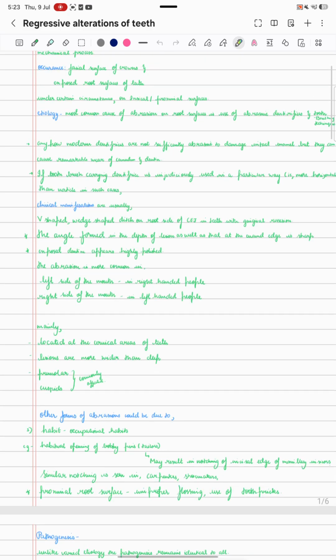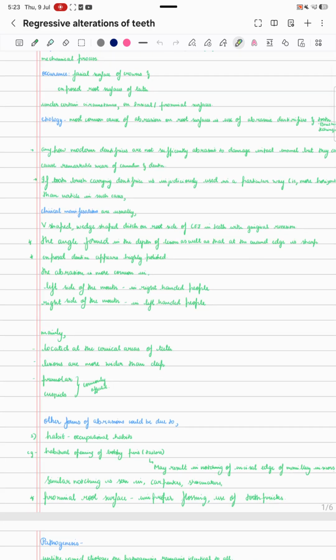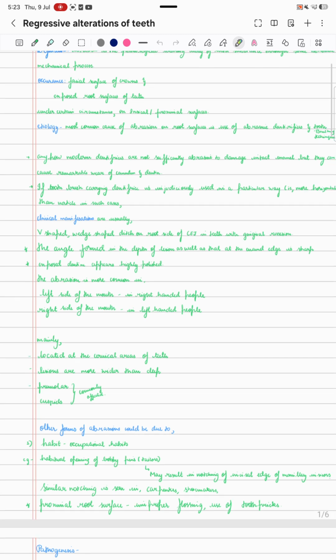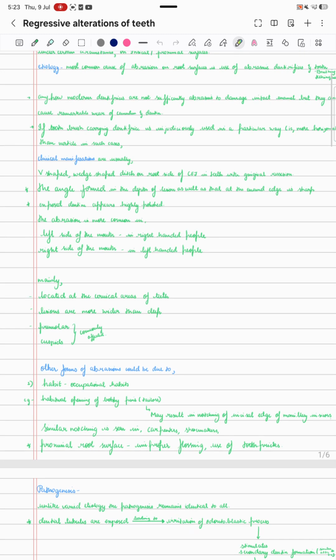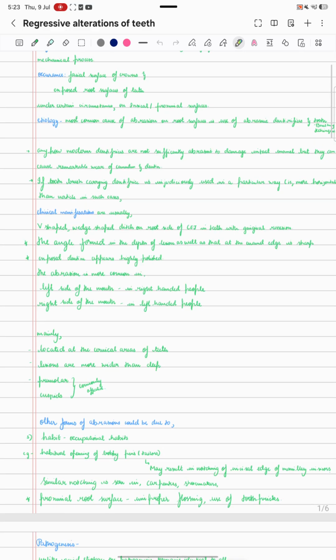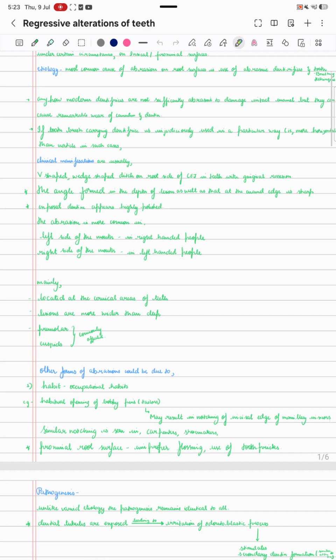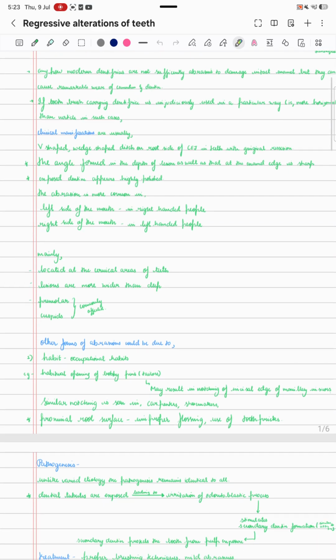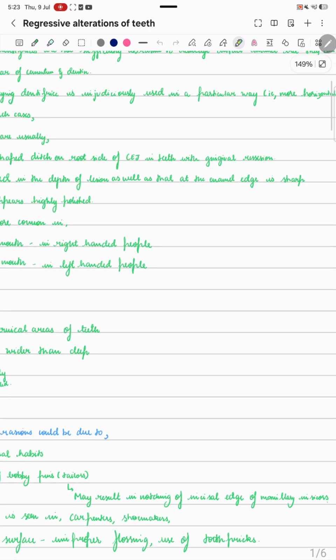Now, if the toothbrush carrying dentifrice is used more horizontally than vertically, a clinical manifestation, a V-shaped notch or wedge-shaped ditch, is seen at the CEJ of the teeth with gingival recession.